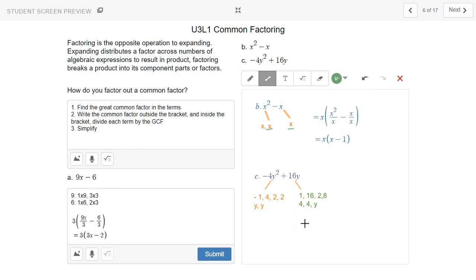So out of this list, we have 1y that's common. We also have a 4. So my common factor here is 4y.